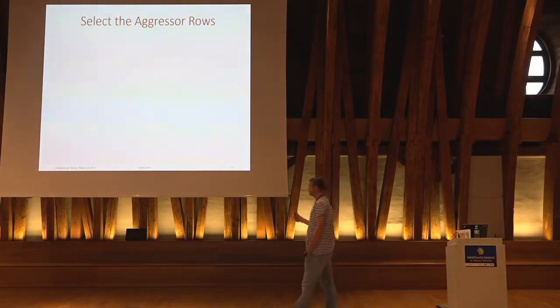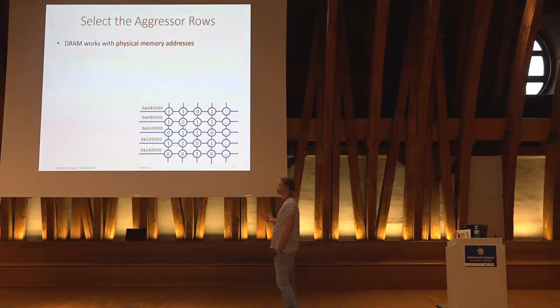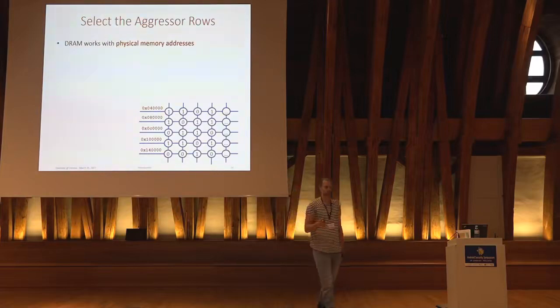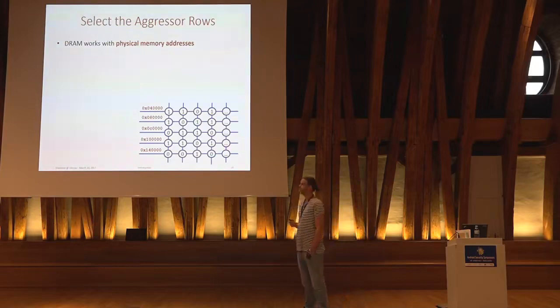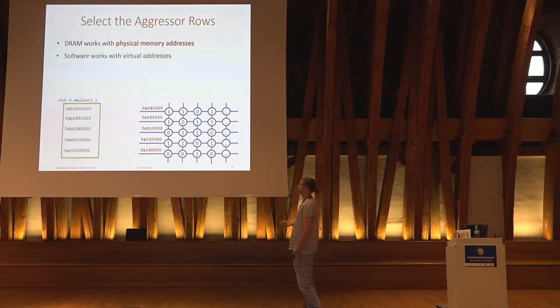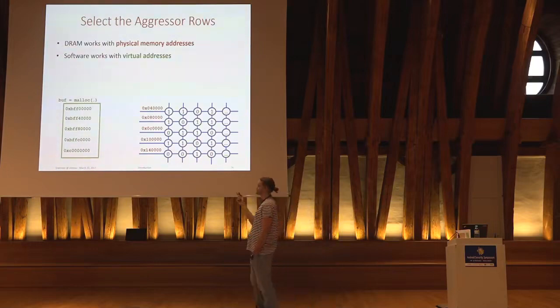For the second challenge, selecting the aggressor rows, we need to know a little bit more about addressing, virtual addresses and physical addresses. If you're accessing data in your DRAM, you're working with physical memory addresses. If, on the other hand, you have a program running, and you have a buffer allocated there, then you're working with virtual addresses.